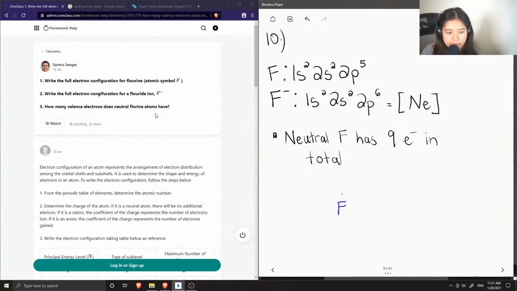So when we have a fluorine atom, we have 2 electrons in the innermost shell. So this is the 1s2 orbital. And then in the next shell, we draw the remaining 7.